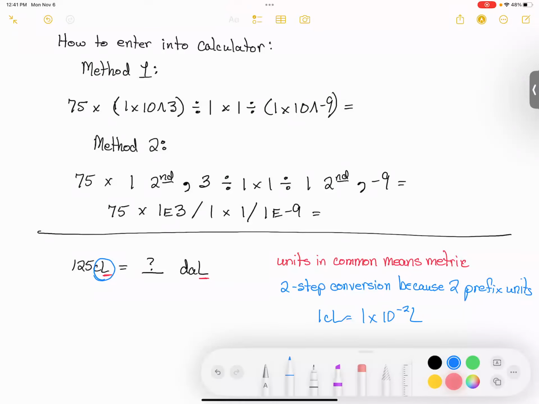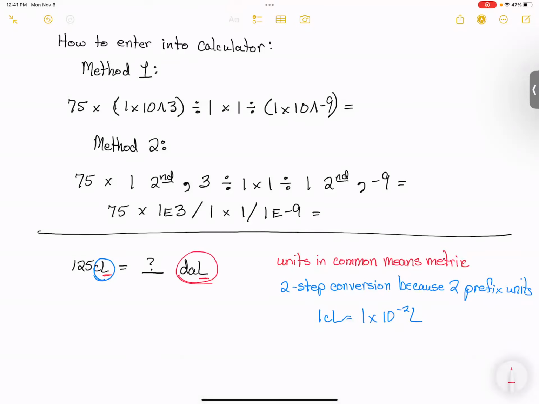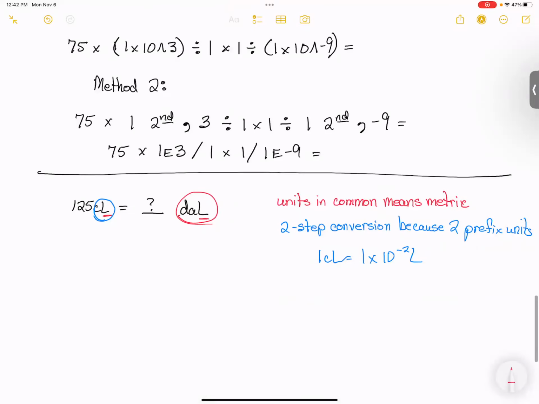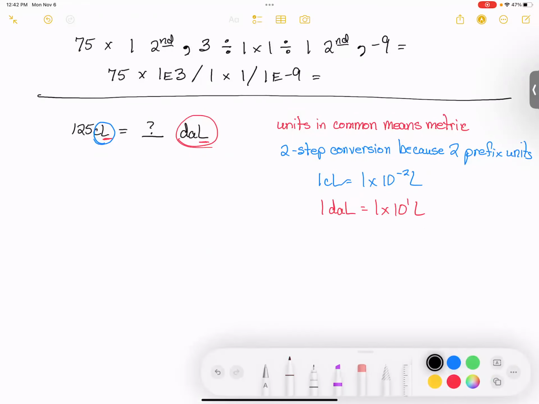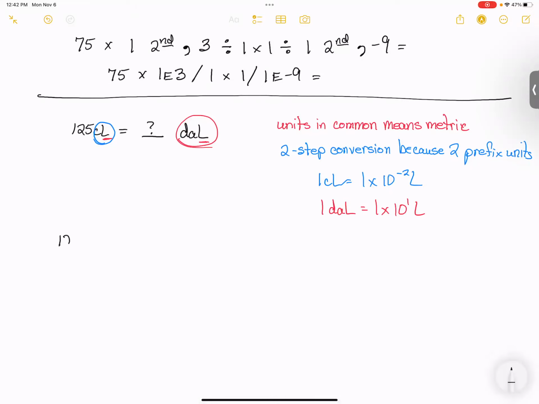And the second one is going to be the one with deciliter. 1 deciliter is equal to 1 times 10 to the 1 liters. 125 centiliters is where we will begin our calculation.